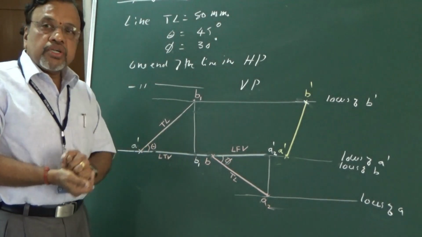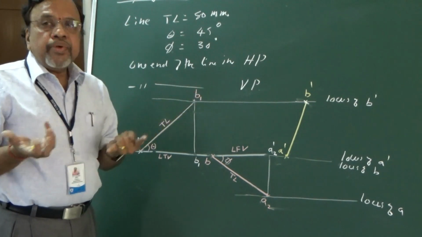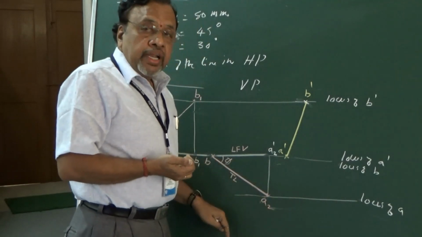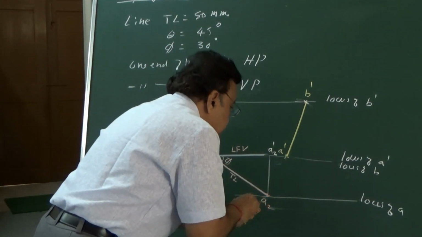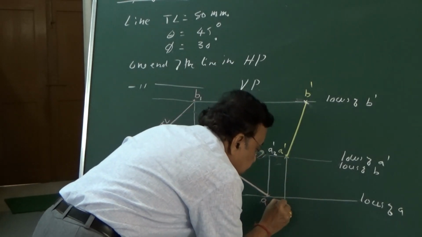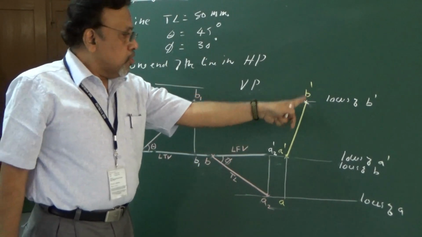Okay, what about the corresponding top view? We know that A dash, same projector, B dash, same projector. A dash is here, so A is here. I should draw the projector. If I draw the projector, I am going to get the top view of that particular end, that is A. Then B dash is here, so I need to again draw the projector.